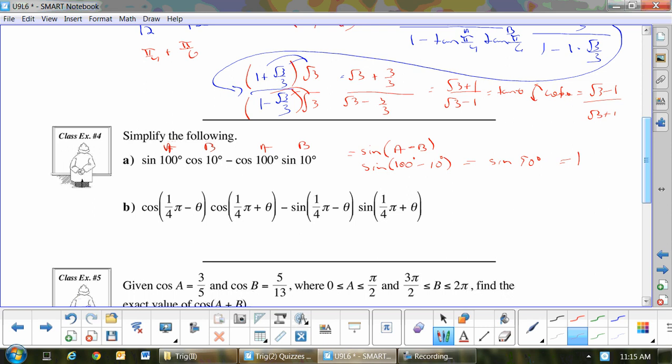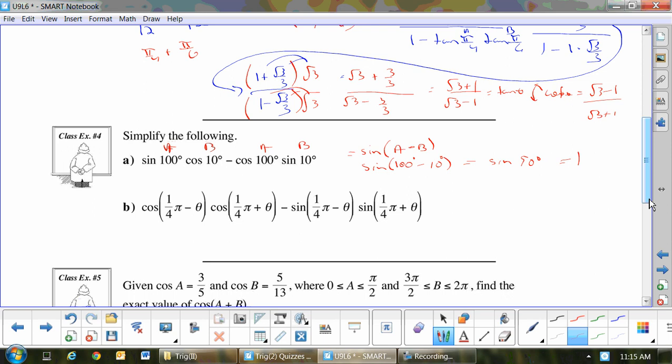B is a tough question. Which formula would you use? Cosine? Plus or minus? Plus, right?